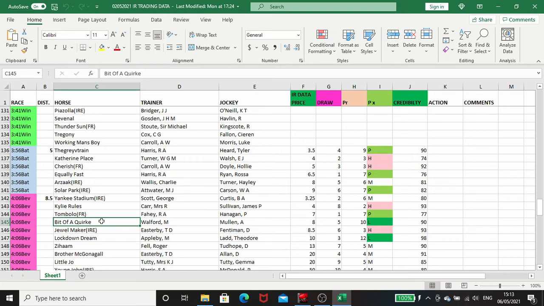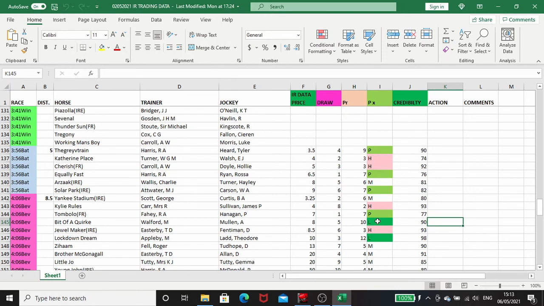So if we take a look at a bit of a quirk here, running in the 4:06 at Beverley, you'll see that its pace rating is 10. Pace expectancy is that it will lead, perhaps along with Lockdown Dream, but it gives a credibility figure of 90.